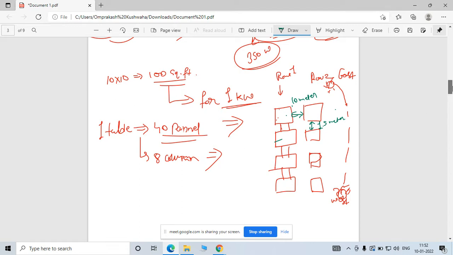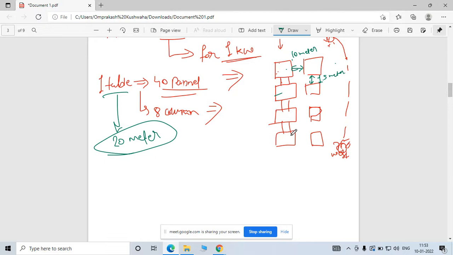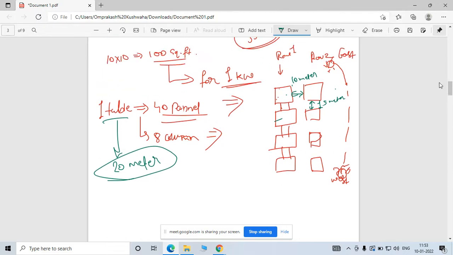Okay, now one table size is 20 meters. Now see, this is a standard format which I know because before joining this institute I already worked in a solar installation company. So we generally follow such a standard format on site, but that may change depending on location to location.